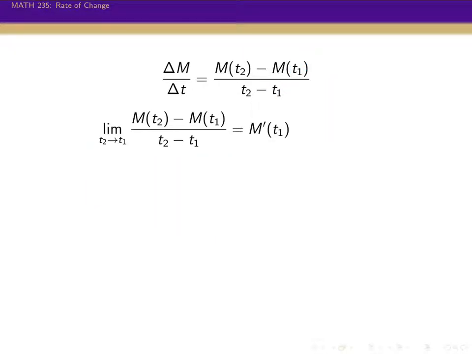That's when we get the derivative, right? Same as we saw before, the math behind this is the same. It's just we're no longer thinking about it geometrically. We're thinking about it in terms of real-world functions. And so this is the derivative of m at time t1.